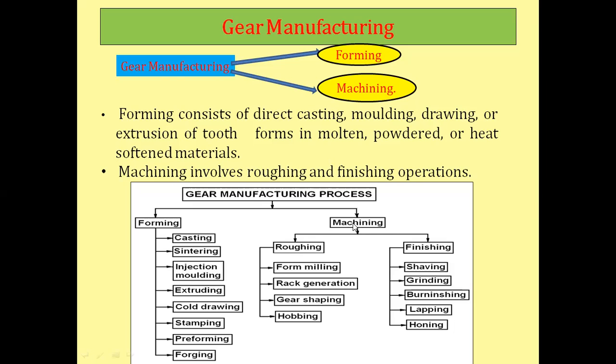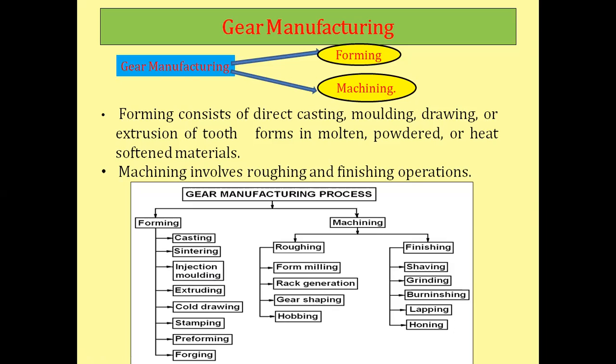Secondly, machining is classified as a roughing process and a finishing process. In a roughing process, you remove the material to form the teeth of gears, either by form milling in a milling machine, rack generation, that means a rack as a cutter, gear shaping in a shaping machine, and hobbing, in which you remove the material to form the teeth of the gear by single point cutting tool or multi-point cutting tool.